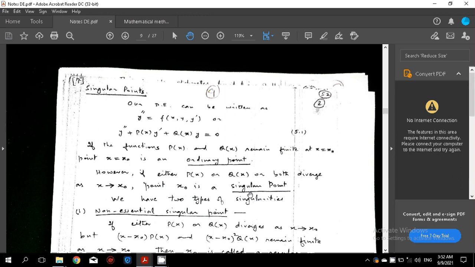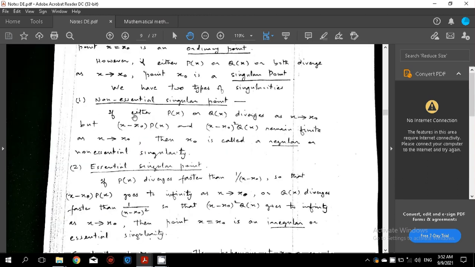And then there are two types of singularities. One is the non-essential singular point. So we have seen that capital P and capital Q both tend to infinity as x tends to x naught, being a singular point.